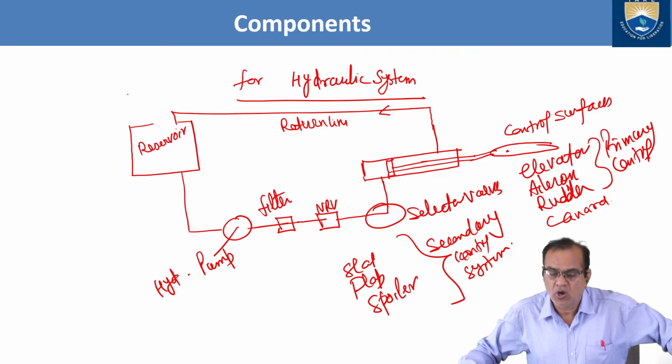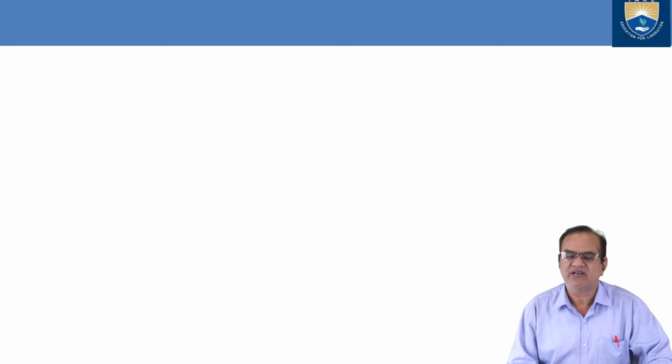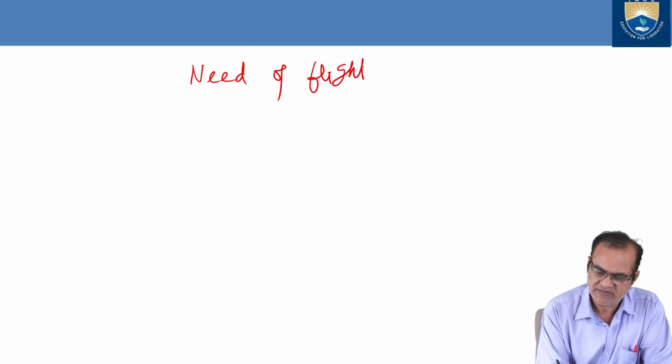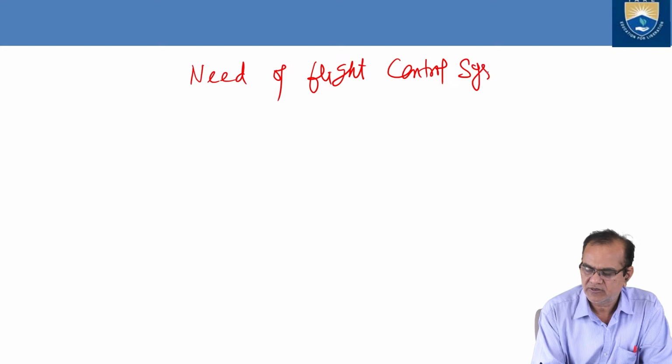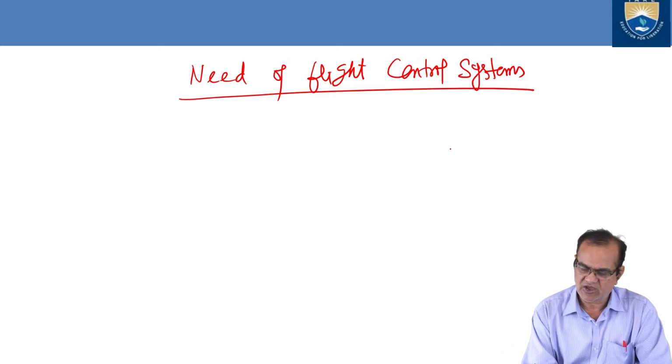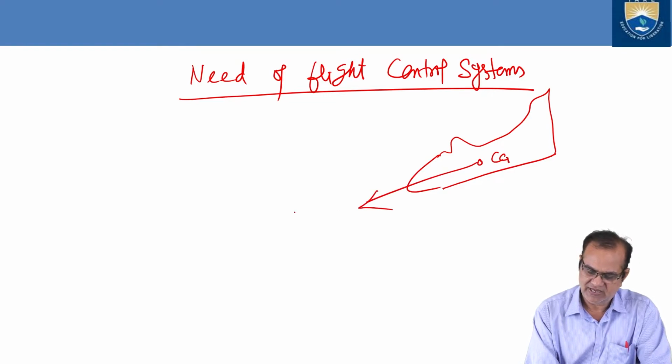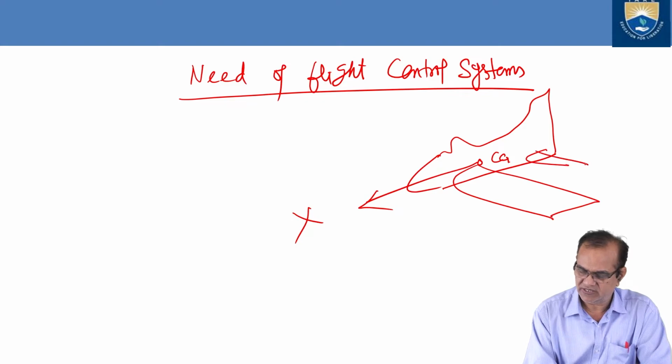So what is the need of the flight control systems? You see, if we have an aircraft, this is the aircraft, this is the CG, this is the x-axis, and these are the wings.